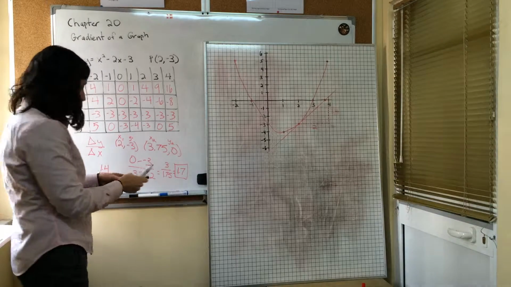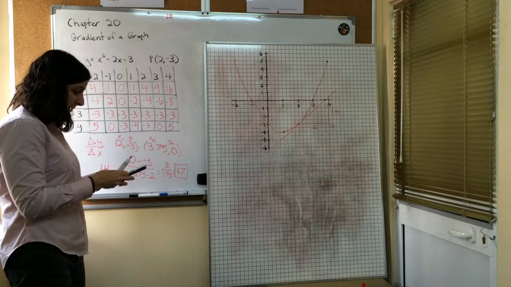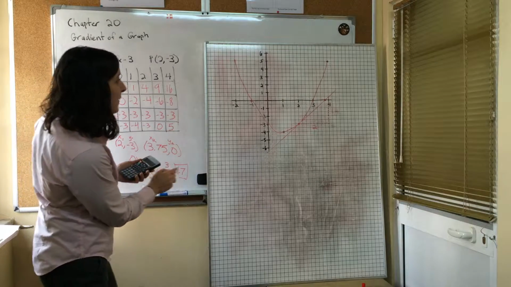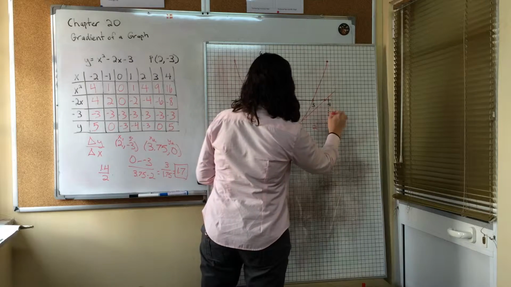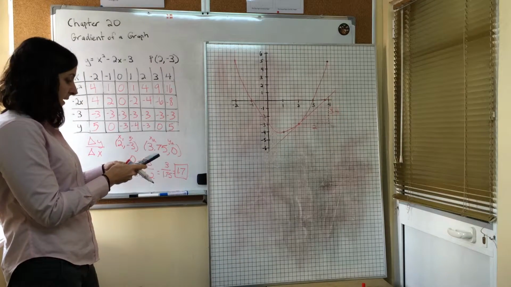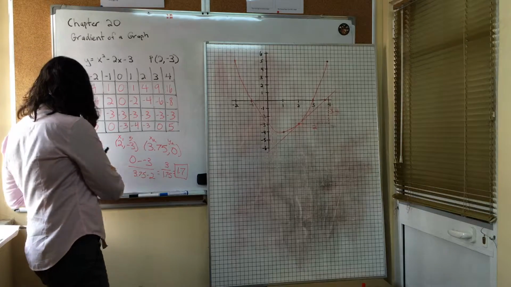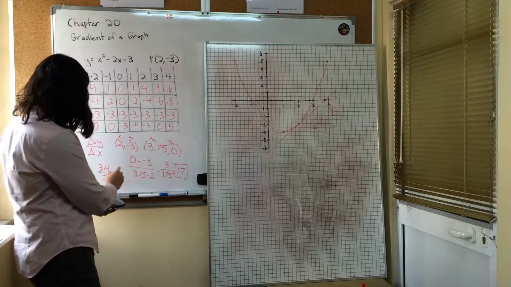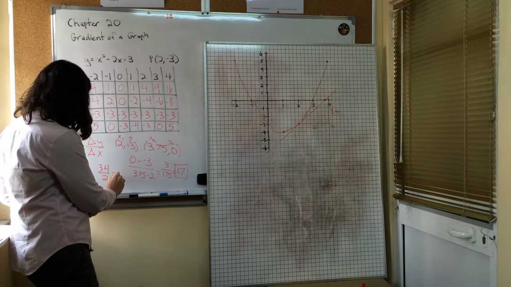So again, we can use a calculator. We actually went up here 3.4. I was going to say that doesn't make any sense. 3.4 divided by 2 is 1.7. Okay, so this is going to give you 1.7.